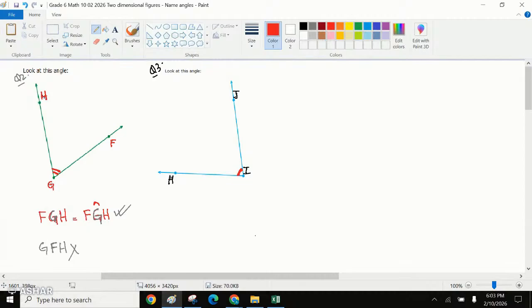We can write H, I, J, or we can also write J, I, and H. The most important thing for us is that the angle that needs to be found, or the angle that is highlighted, has to be in the middle. Do we agree?